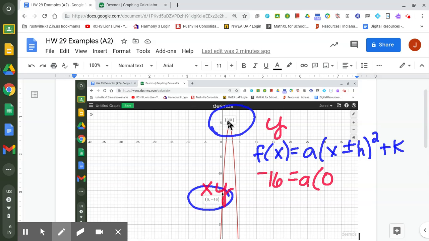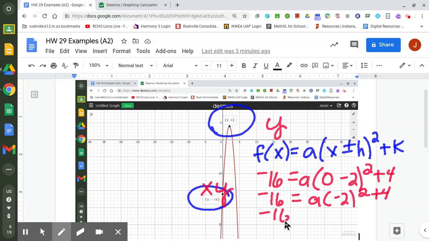And then up here was my vertex, so that's -2 squared, and then I had a plus 4. And then I'm going to solve that equation for a. So I'm going to simplify here, negative 16, and this is a negative 2 squared plus 4.